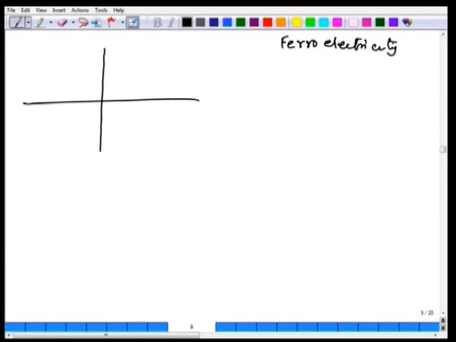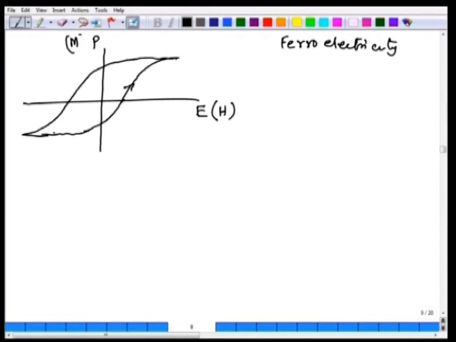It means that if you have such a material, it would show a behavior which is something like this: a hysteresis between polarization and electric field. If you apply an electric field, it produces polarization. Remember, you apply a magnetic field, it produces magnetization in a ferromagnetic material, and this is a very similar thing, and that is why the name ferroelectricity has been given here, because it is a curve between P and E.